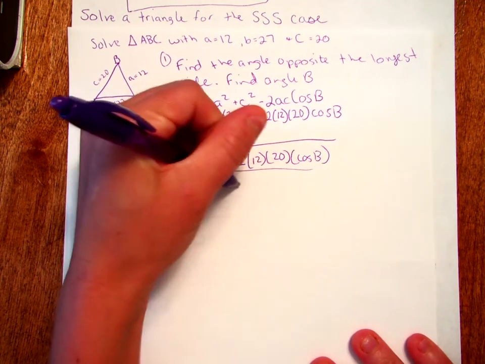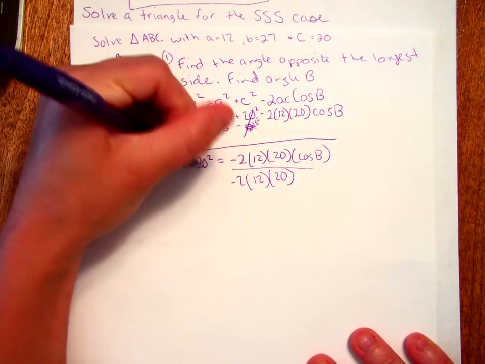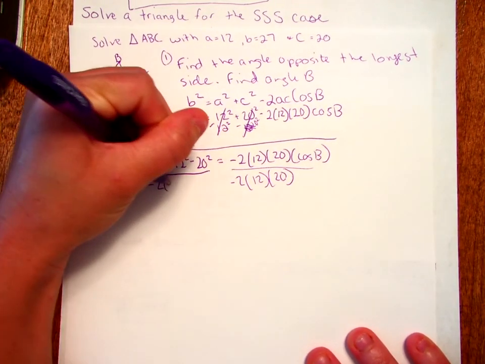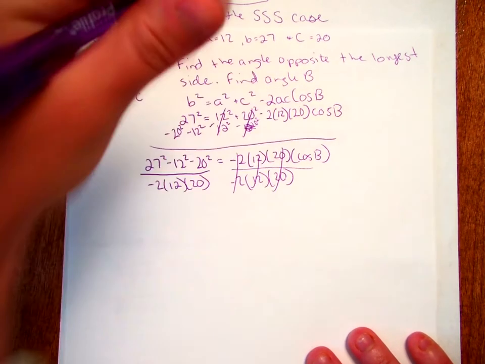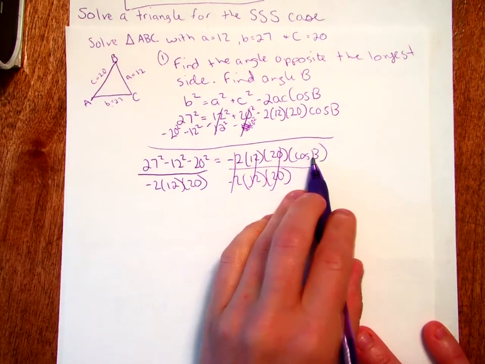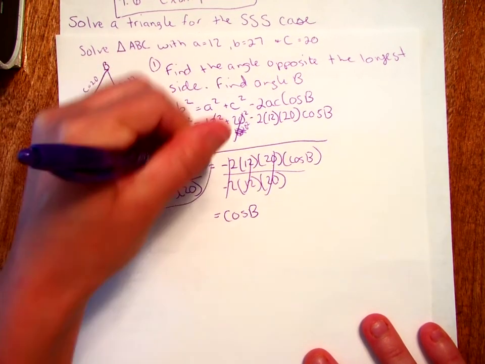But you can divide them. Negative 2 times 12 times 20 divided by negative 2 times 12 times 20. So basically now you're left with cosine of B equals this whole mess.